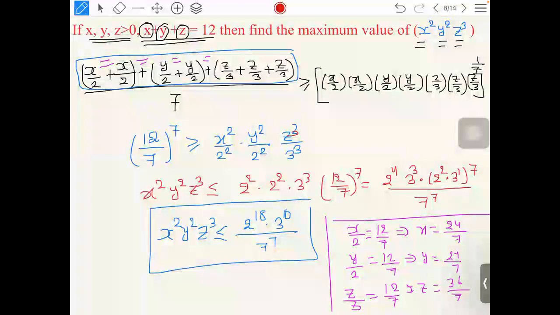So this is the value of x, y, and z for which this particular given function will attain its maximum value. And its maximum value is given by this formula. I think this is clear to everyone.